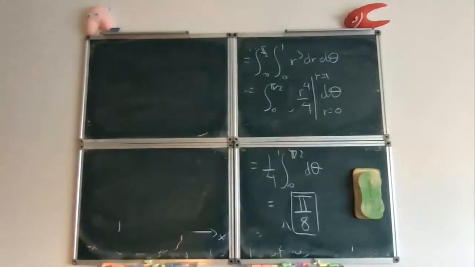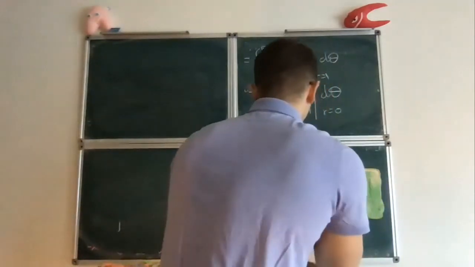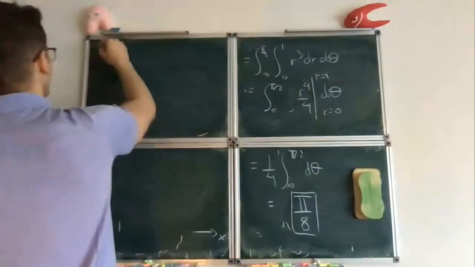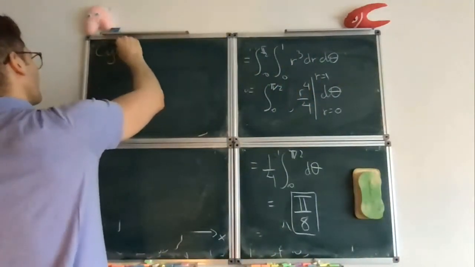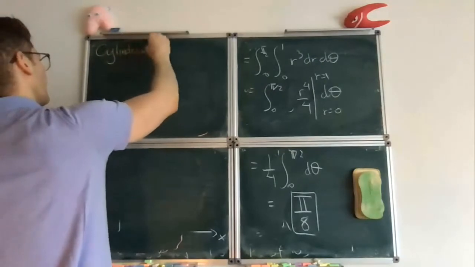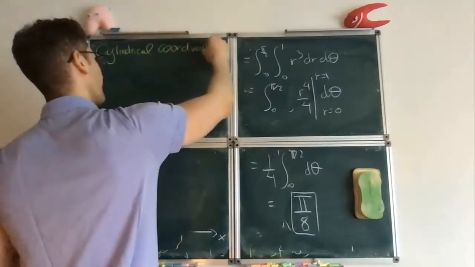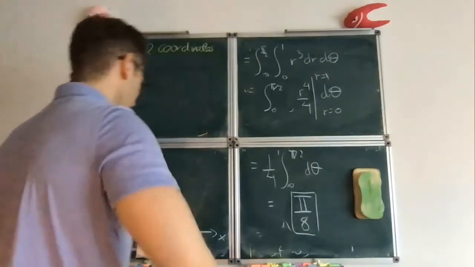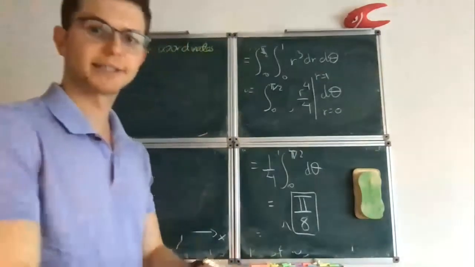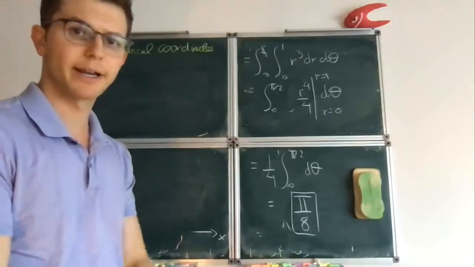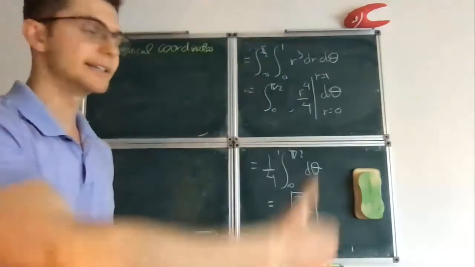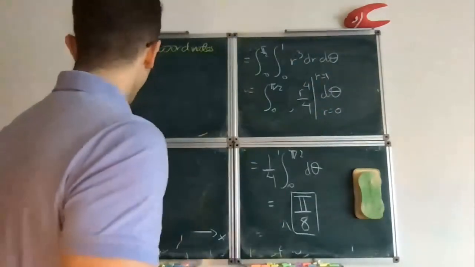So for cylindrical coordinates, basically what you do is take the polar coordinates on the xy plane and just move them out along the z-axis. So you're not doing anything crazy.